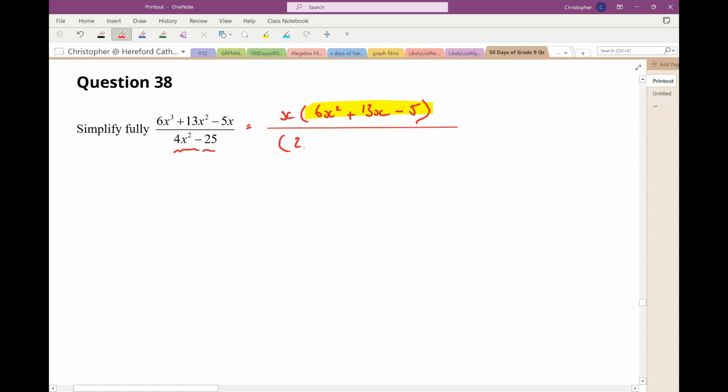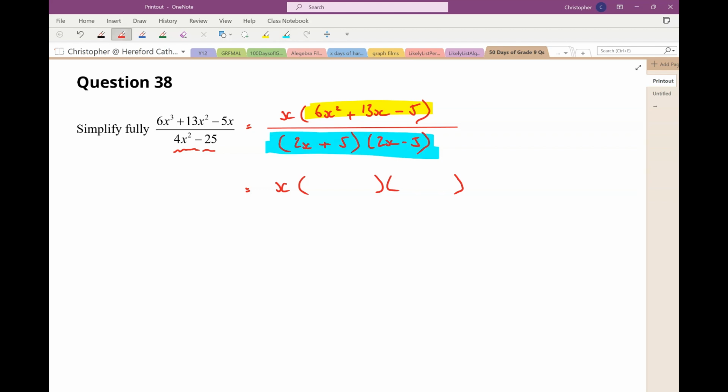So that's going to be 2x plus 5, 2x minus 5. Right. Now I'm having a look at factorising the top again and putting that yellow expression into two brackets. Do you see how on the bottom I've got 2x plus 5, 2x minus 5? So I'm thinking that one of those is going to cancel.